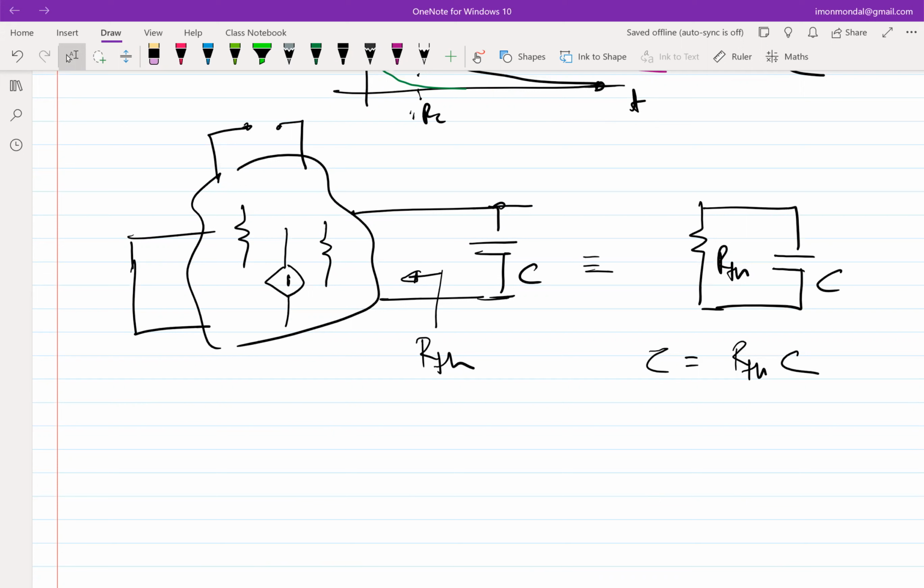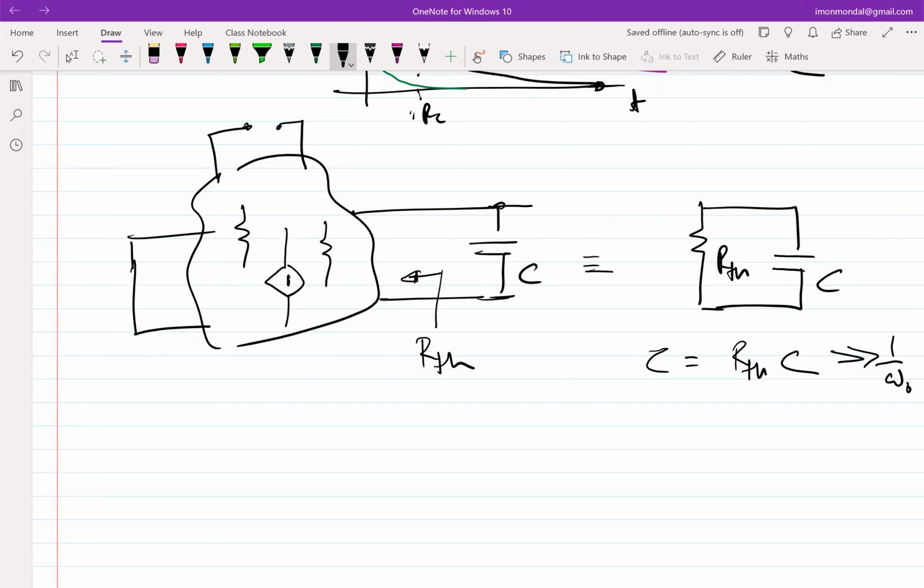If you have this first order network, then obviously you can associate a time constant with the network. Once you can associate a time constant, and you are trying to figure out whether the value of the time constant is such that I can use the capacitor as a battery, then all you have to do is find out the time constant and set it to be much greater than the frequency of interest. Okay, so that essentially is the method.